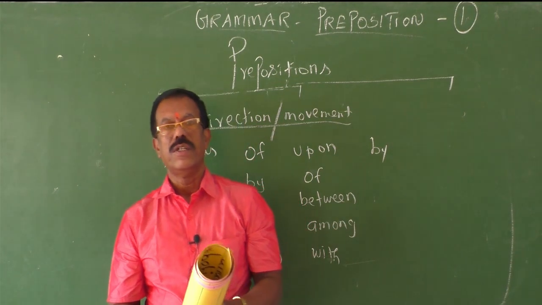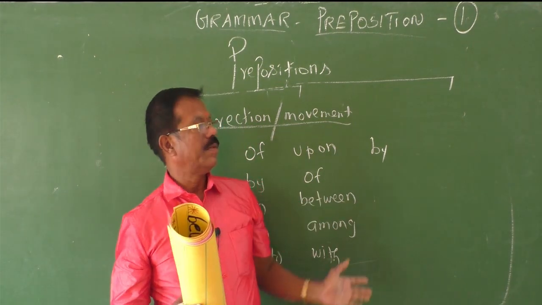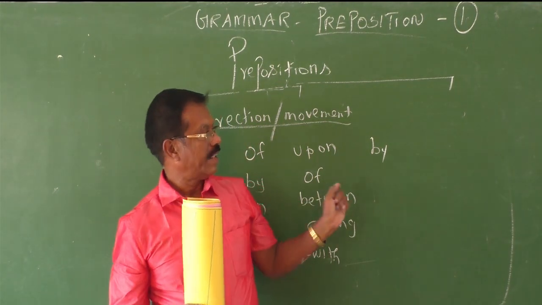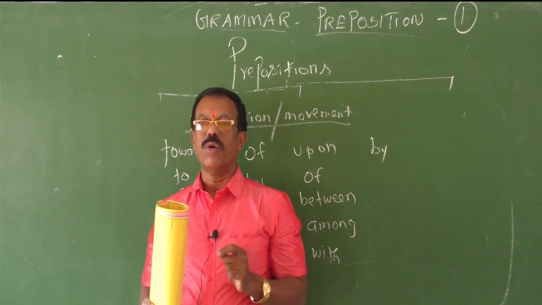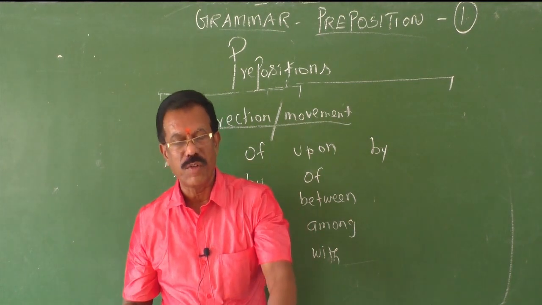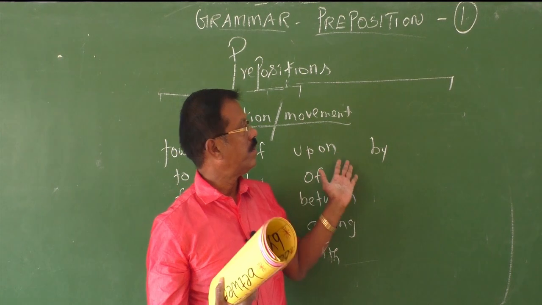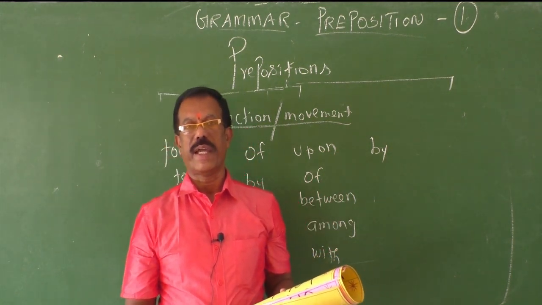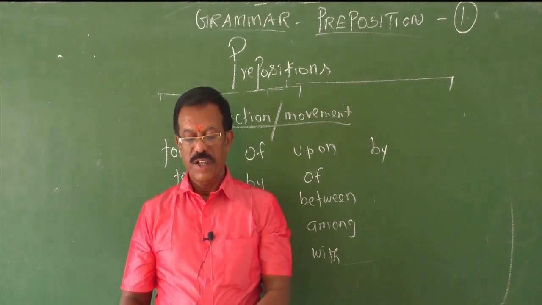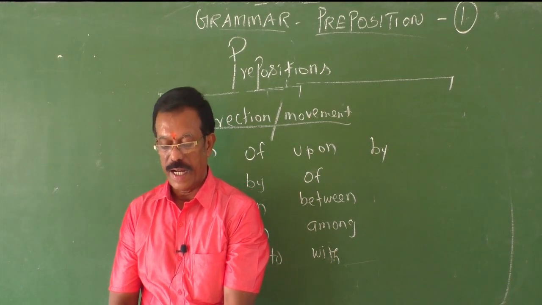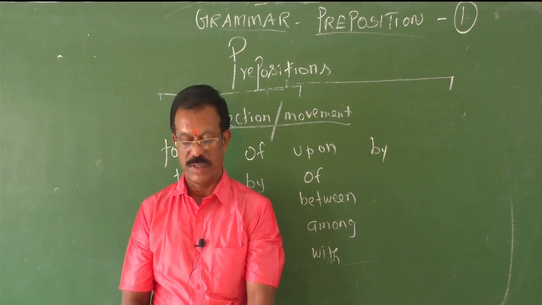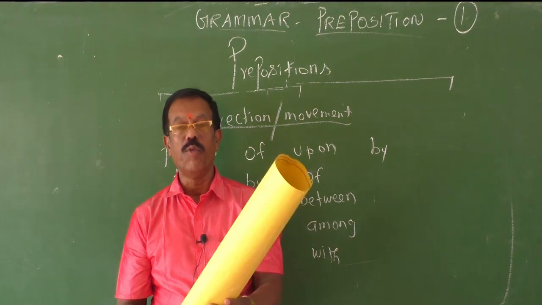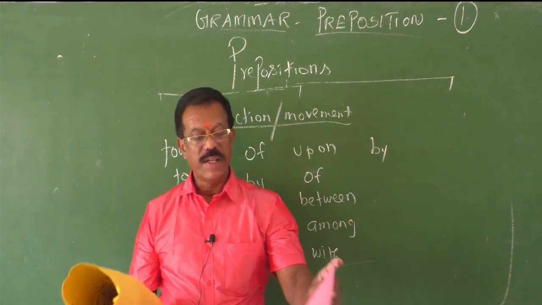Okay, children, make a note of it or write it down in your grammar note and try to frame your own sentences by using these prepositions. You can collect some pictures, or draw your own freehand pictures, and make use of arrow marks to indicate the movement of the prepositions. It will help you to understand.